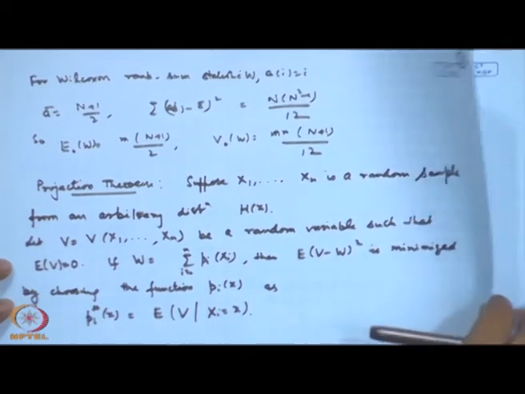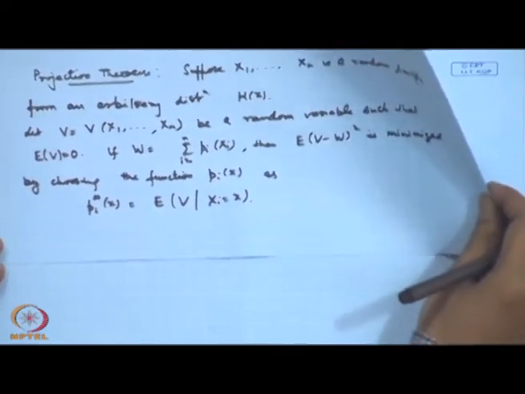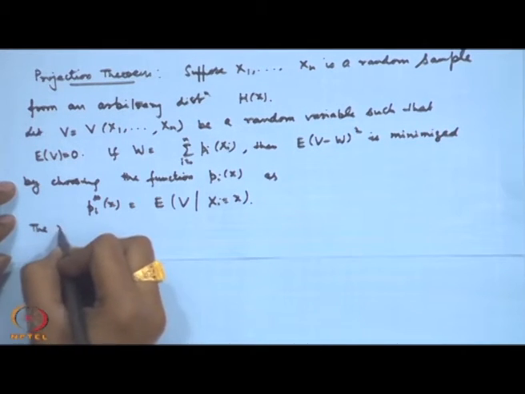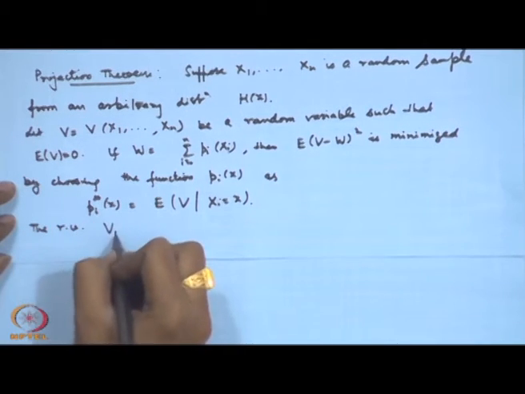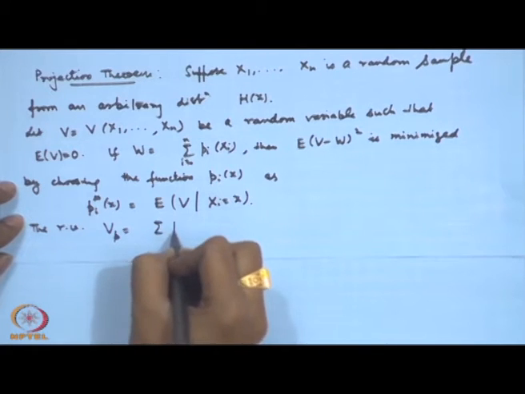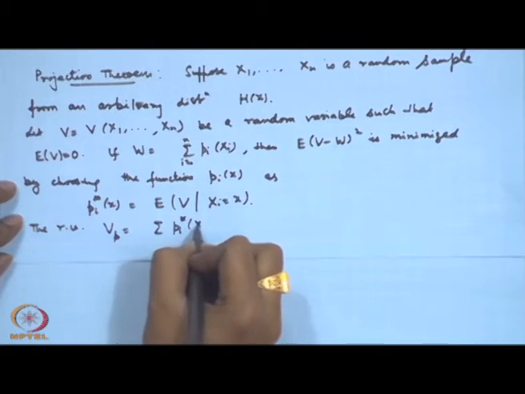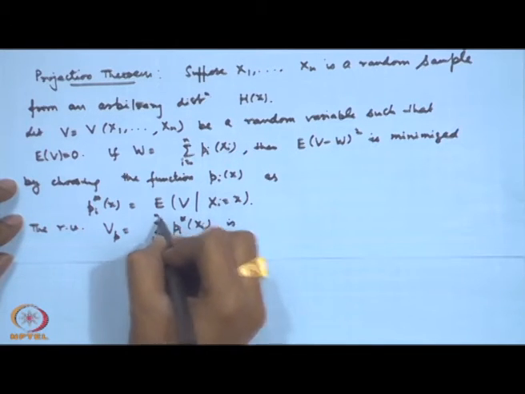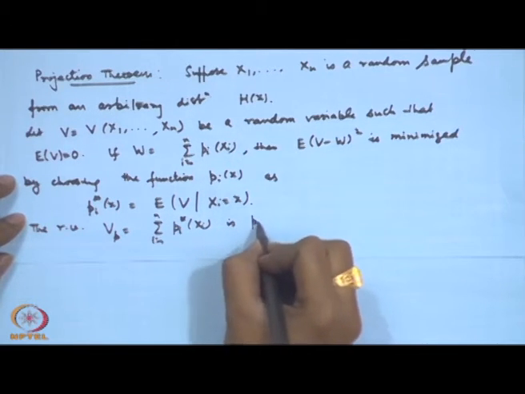So, this random variable which is obtained as V_p, that is defined as sigma p_i star(X_i), this is called the projection of V.